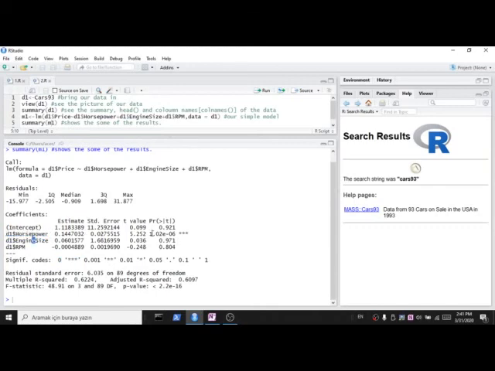Engine size, what about the engine size? We look at the p-value of the engine size, and we see that it's 0.97. So in the real model there is no engine size in the equation, in the formula. RPM, we look at the p-value of it, and it's also insignificant.